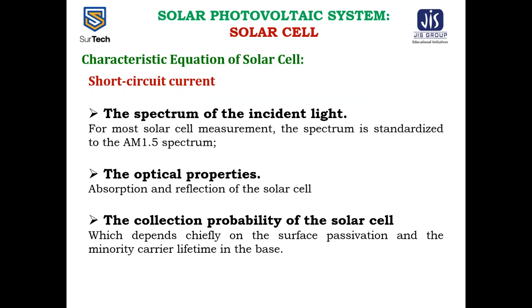The spectrum of the incident light. For most solar cell measurements, the spectrum is standardized to the AM 1.5 spectrum. The optical properties, the absorption and the reflection of the solar cell. The collection probability of the solar cell, which depends chiefly on the surface passivation and the minority carrier lifetime in the base.